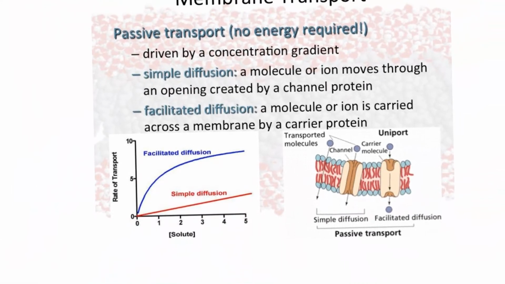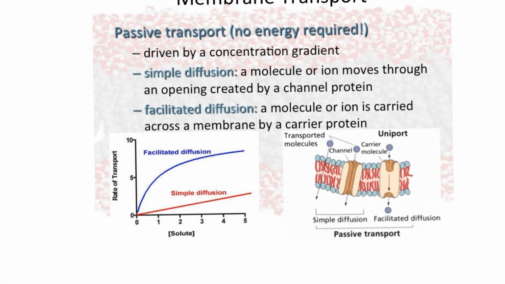And then you can see with passive transport, facilitated diffusion is one where you've got to have some type of conformational change or aid in getting the solute across, whereas with simple diffusion, you can either have a small molecule such as oxygen going across the membrane on its own, or something that can flow through the pore itself.